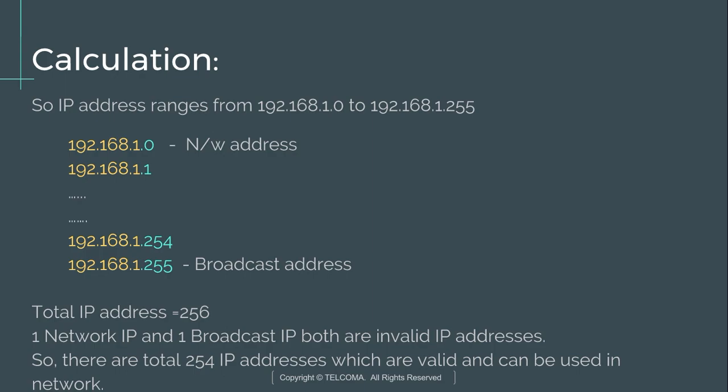Here the total IP addresses are 256, from which one is the network IP address and the other is the broadcast IP address. These are invalid IP addresses, which are not used to assign to devices in the network. So the remaining 254 IP addresses are the valid IP addresses and can be assigned to a device in a network.